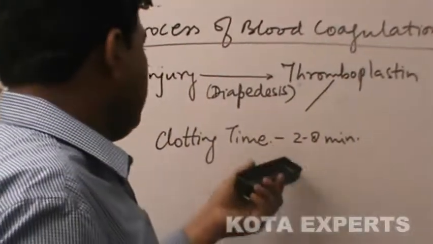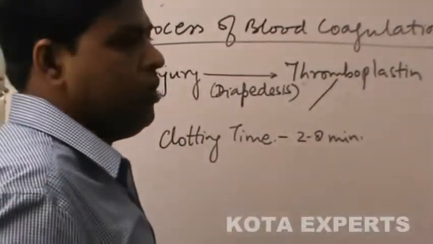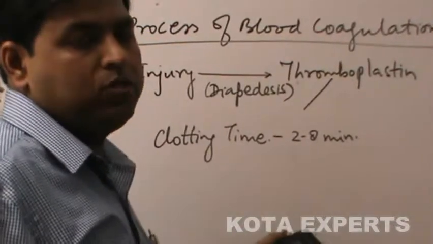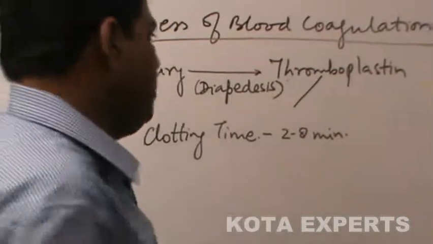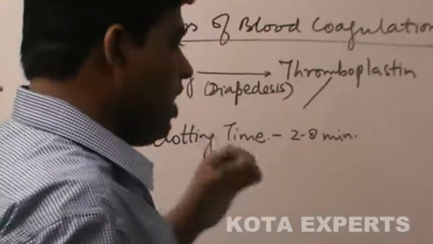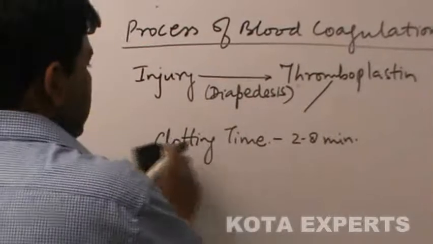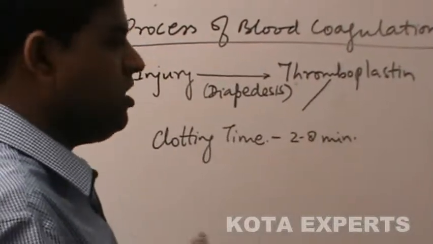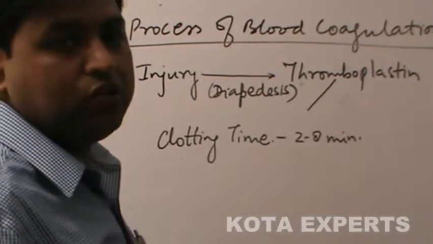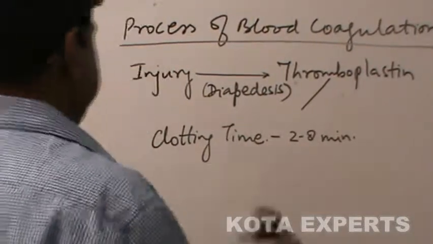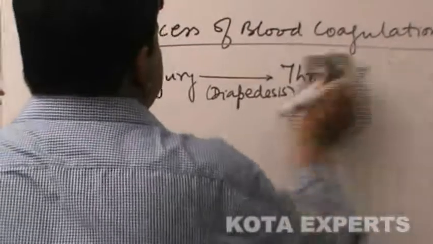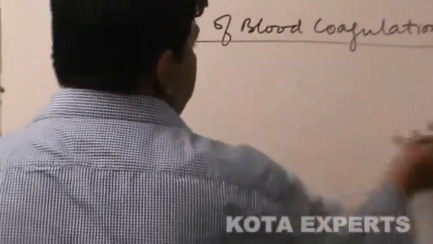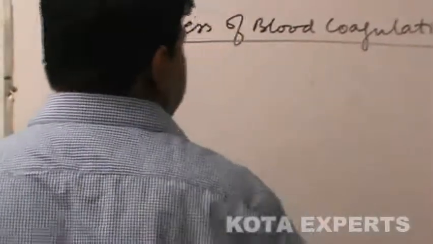And if there is an increase in the clotting time, then there must be some deficiency or some disease that should be cured. Otherwise, it can cause a deadly disease or result in the condition known as anemia. So this was the process of blood coagulation.